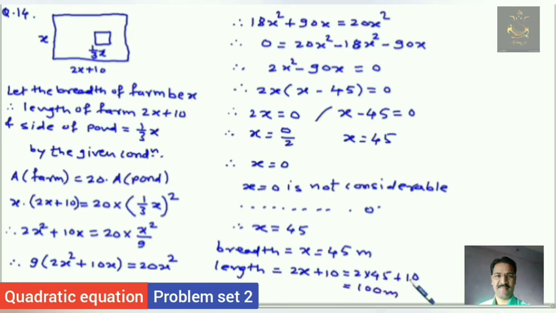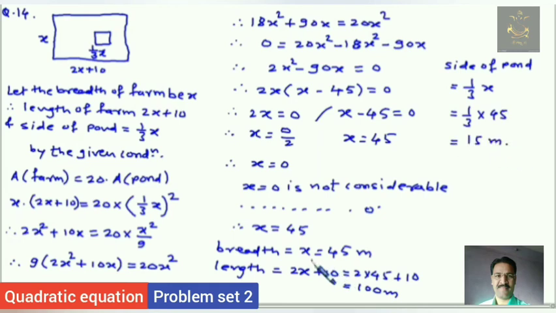Now what about the side of pond? We can write here side of pond is 1/3 of x. So 1 upon 3 into 45, this is 15 meter.